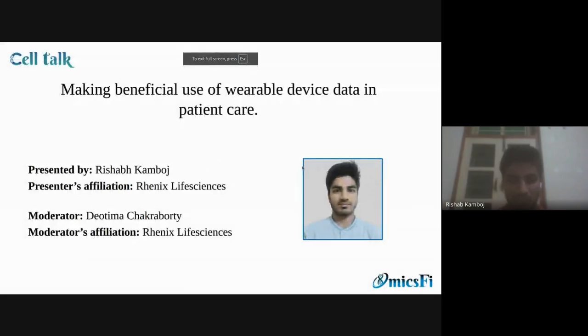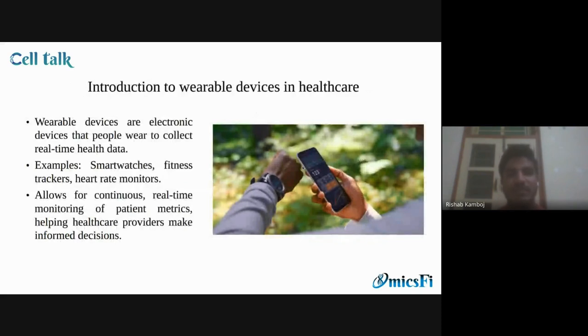Hello everyone, myself Rishabh Kamboj, and today I'm going to talk about making beneficial use of wearable device data in patient care. Firstly, we need to understand what wearable devices are. Wearable devices are devices that people wear on their hand, let's say, to collect real-time heart rate data.